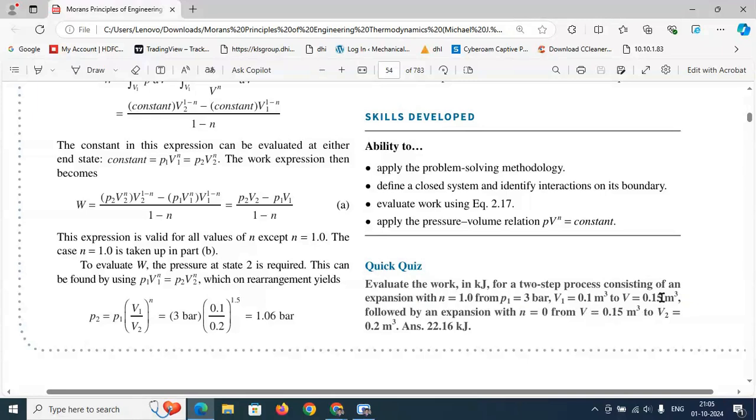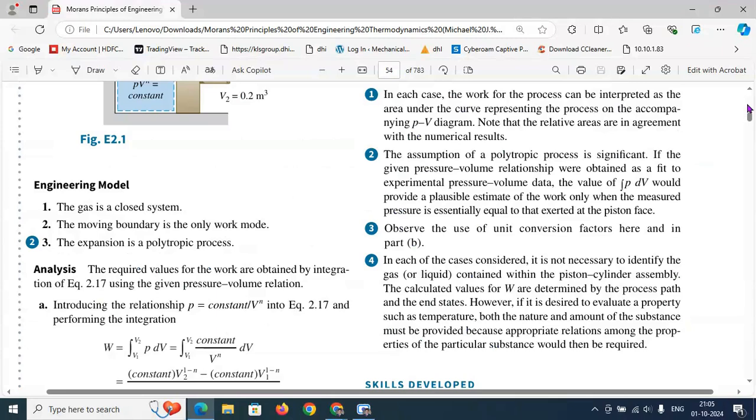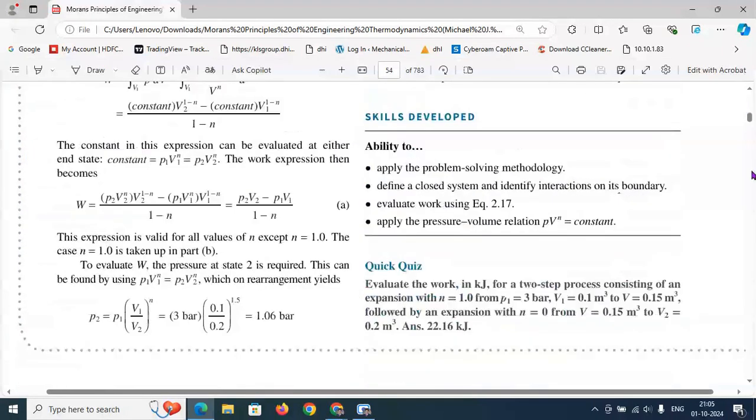See, the next process is starting from 0.15 meter cube and ending up to 0.2 meter cube. So in between there is V. Initial there is V1, final V2. Similarly, you can draw a sketch. You can put the equations depending upon n equals 0 or n equals 1. You can put the equations as I told here. Same equations which are repeated once again, and solve the equation.